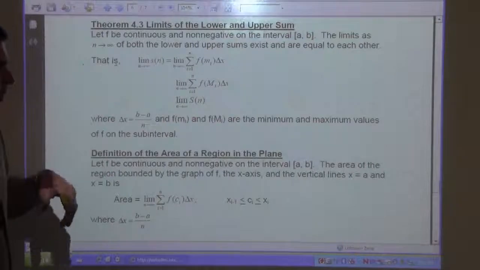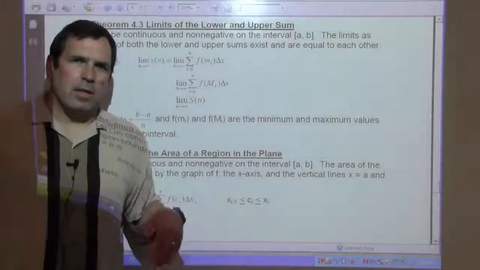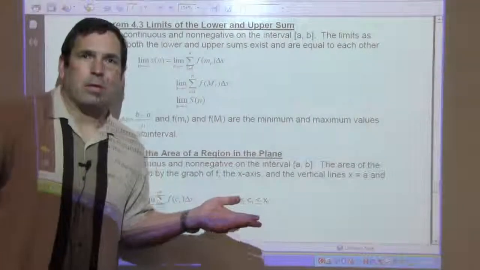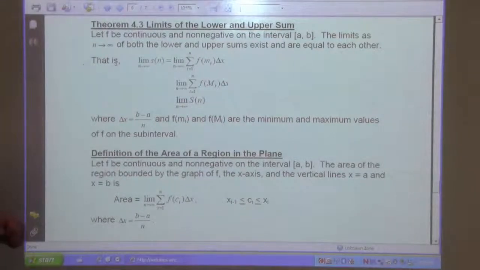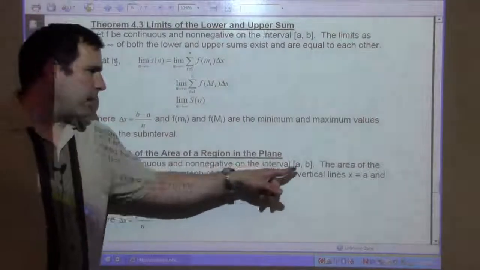Okay, and I know that that's probably one of the bigger stumbling blocks for people in calculus, this infinite sum thing, as well as working through the algebra. Just understand it's a necessary thing to do, to understand. So, definition of the area of a region in the plane. Let f be continuous and non-negative on the interval from a to b.